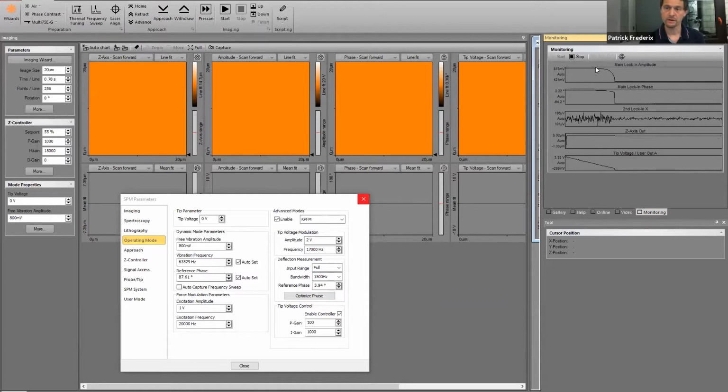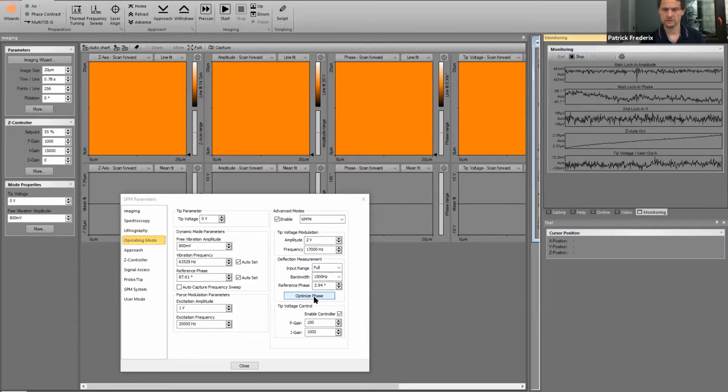I look at the lock-in amplitude, phase, and here the second lock-in amplifier, the X contribution. And now I'm going to optimize the phase, and what it will do is it will apply a tip voltage ramp, which you see there, by the way, in the bottom trace. And while it does that, you can see how the lock-in is responding. Based on this response, it knows what the optimal phase is.